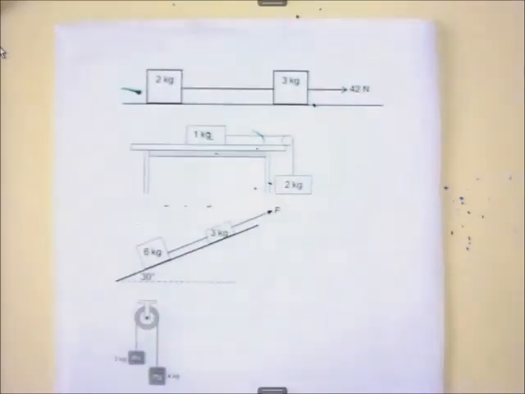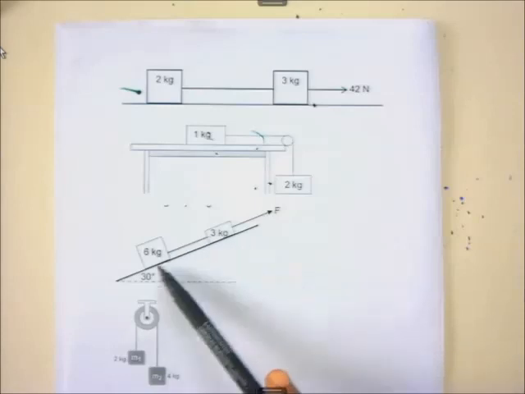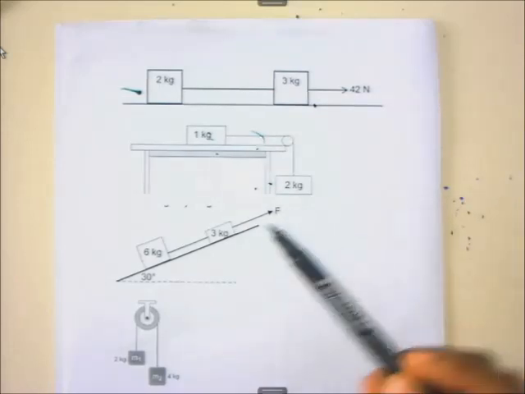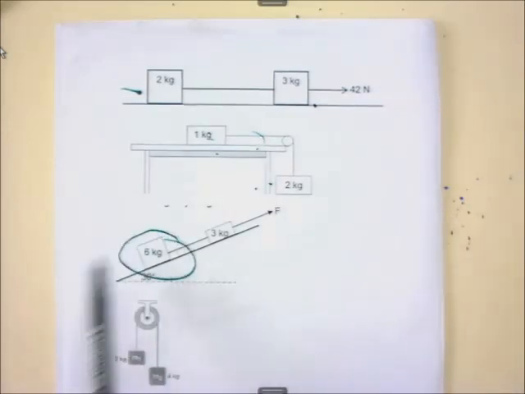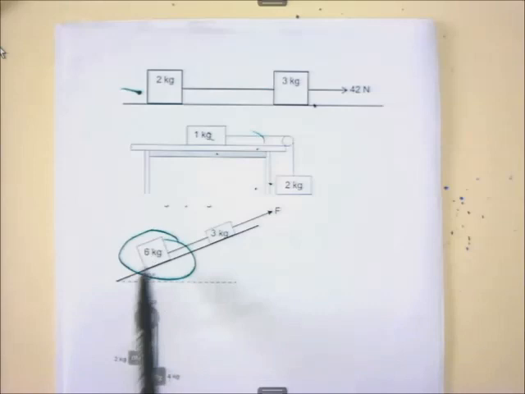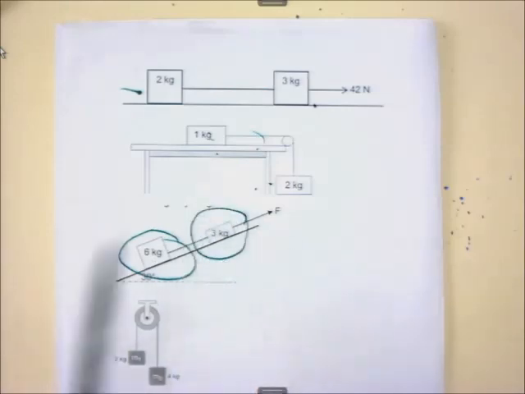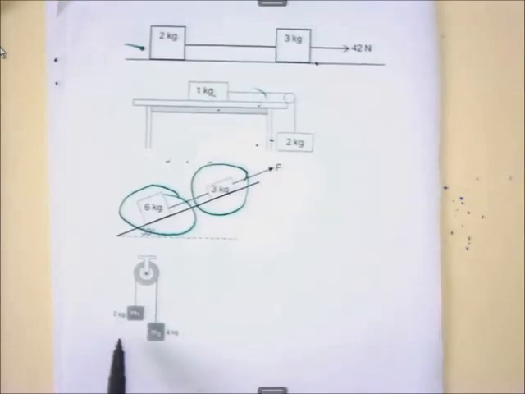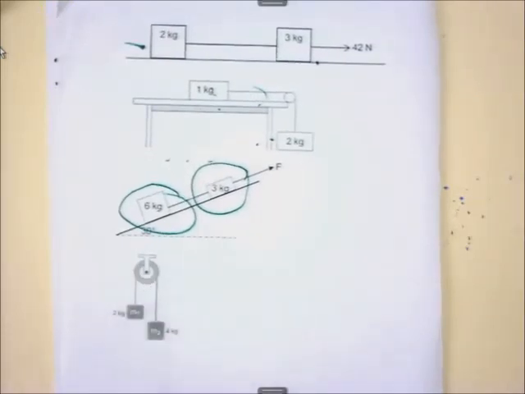Even on a slope, you will still find 2 blocks that are attached to each other with a string and that are being pulled. So you must also be able to identify the forces acting on this block and also the forces acting on that block. And then the next one is 2 blocks that are being pulled in a pulley.